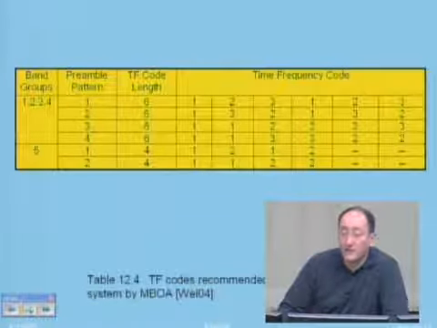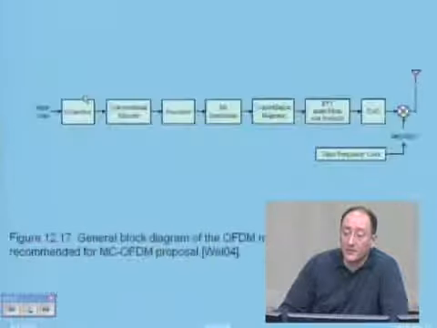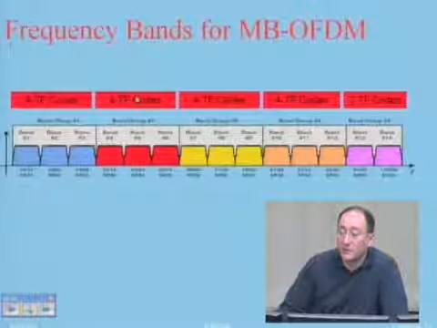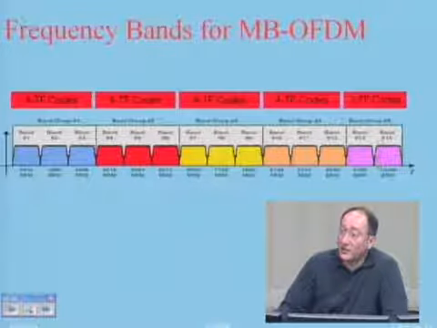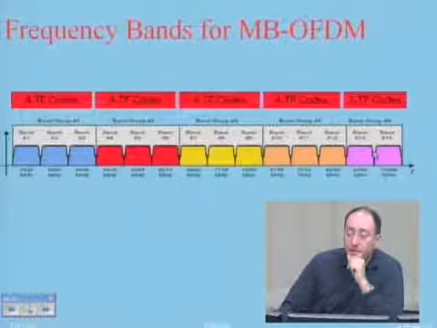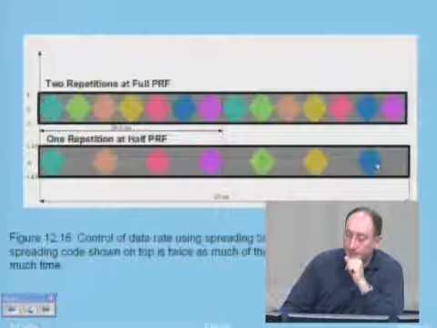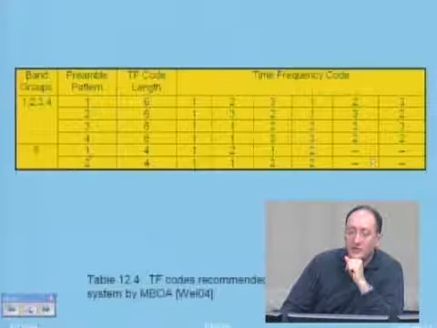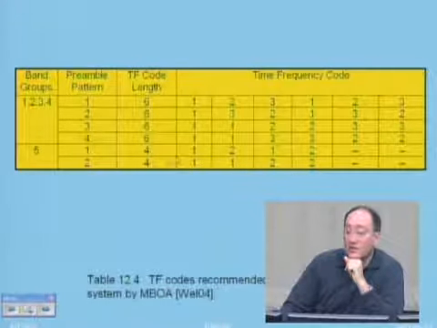And these are the four bands. What are the 4 bands? 1, 2, 3, 4. For the last one, since I have only 2 codes, I need 2 codes. The 2 codes are in here, 1 code and 2 code. And the slots are 4 time slots.